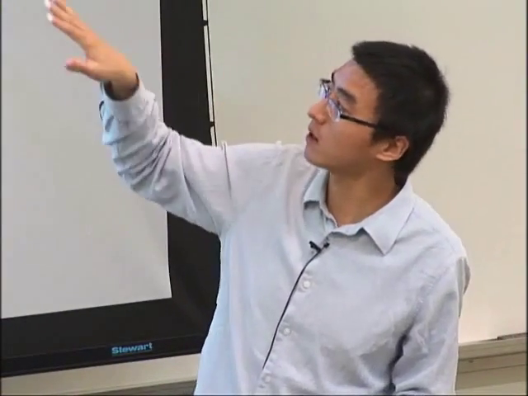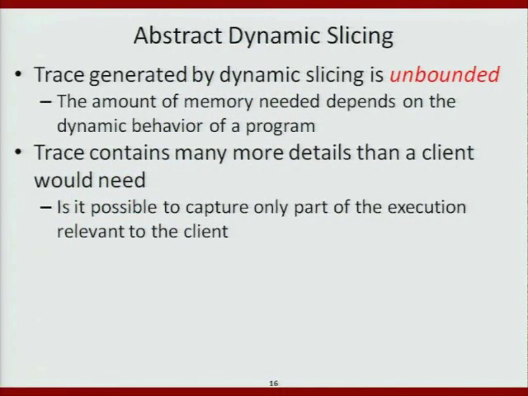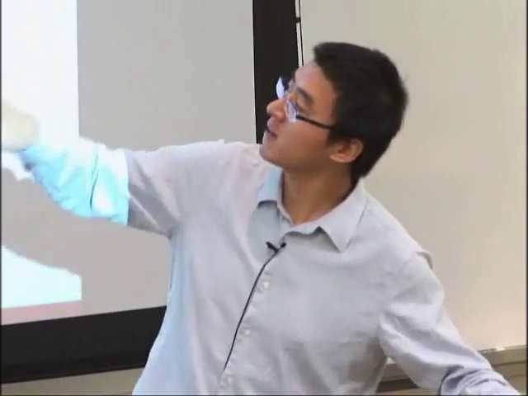However, in order to achieve efficiency and make our analysis more scalable, we propose a new technique called abstract dynamic slicing that performs dynamic slicing over bounded abstract domains. The motivation of this new technique is as follows. If we look at a specific client analysis that uses the result of the slicing algorithm, the trace generated by dynamic slicing usually provides many more details than this specific client would possibly need.